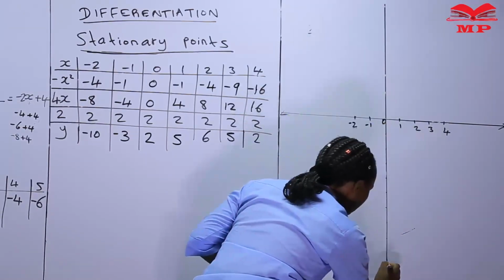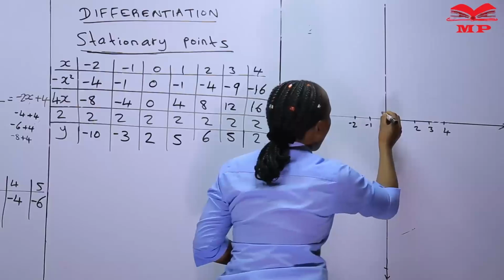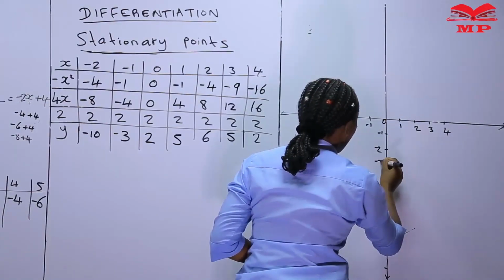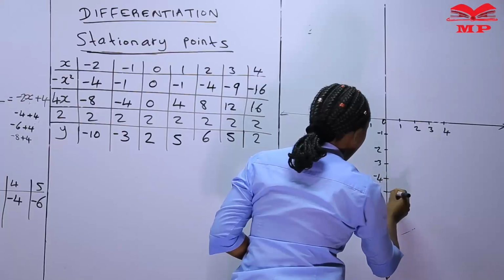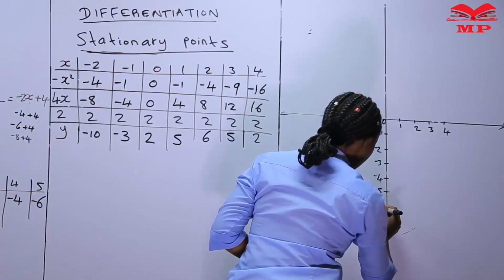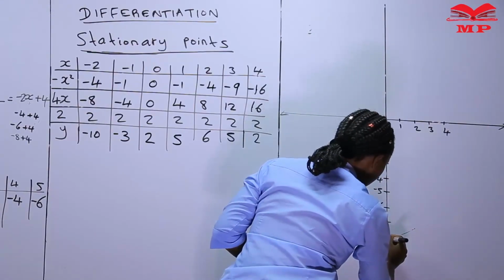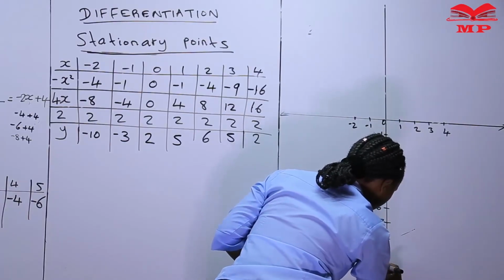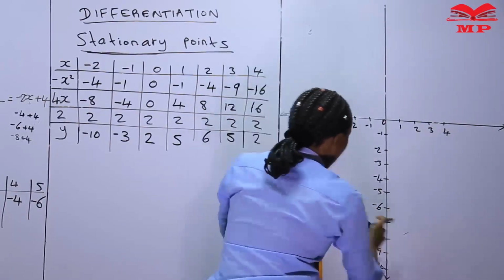Then we have negative 1, negative 2, negative 3, negative 4, negative 5, negative 6, negative 7, negative 8, negative 9, negative 10.